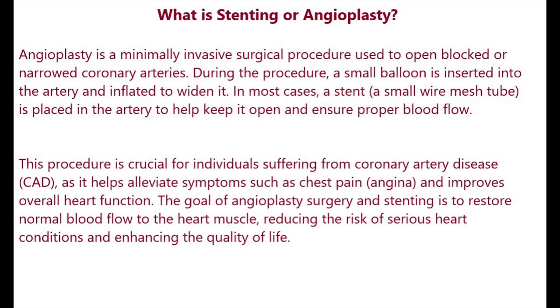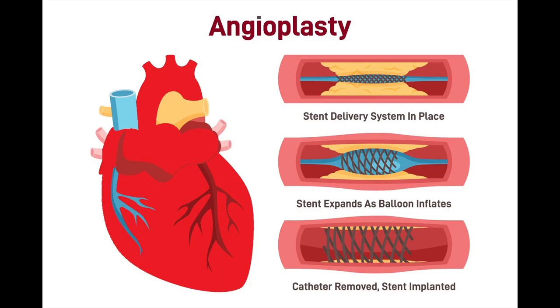It's done to prevent the artery from closing up again. A drug-eluting stent has medicine embedded in it that prevents the artery from closing in the long term. This is a common kind of stent used in balloon angioplasty.